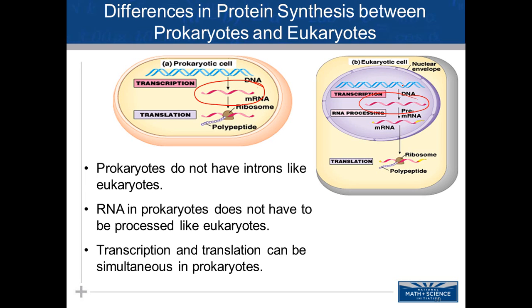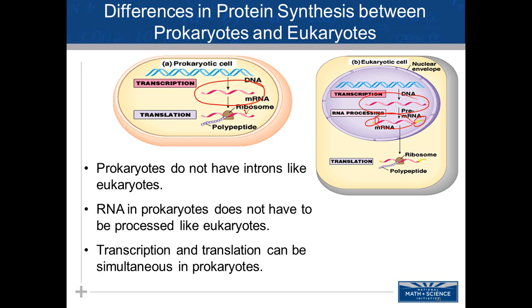Once the messenger RNA is synthesized from the DNA template, then the messenger RNA in a eukaryotic cell is processed. You'll notice that this piece of messenger RNA is smaller and that there are these yellow parts, tails, and a cap that are added to the messenger RNA. Over here, no processing of the messenger RNA occurs.